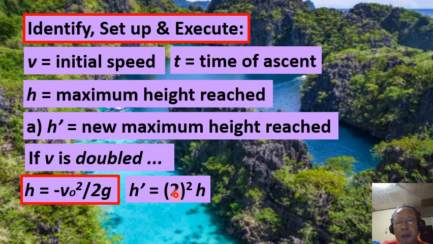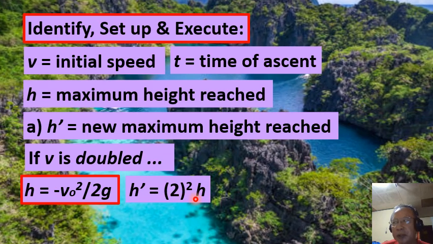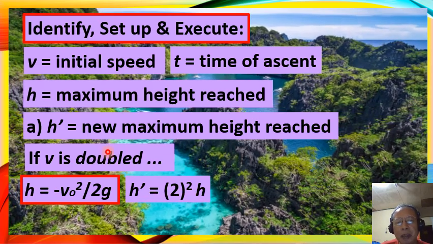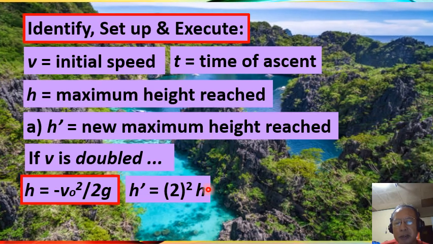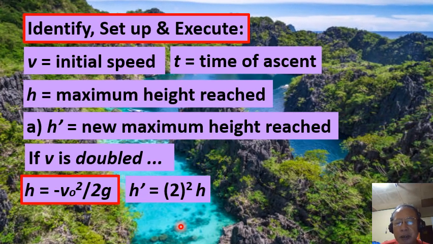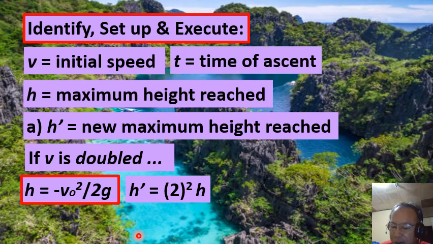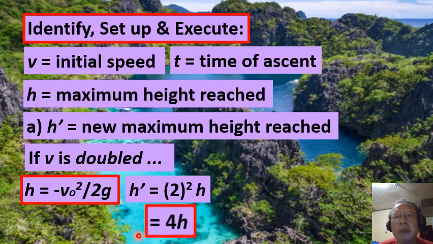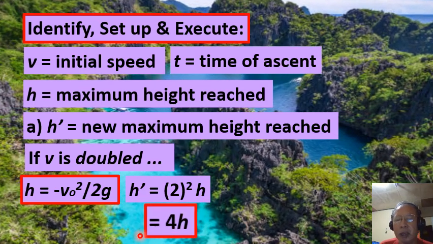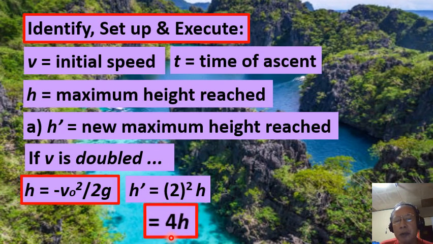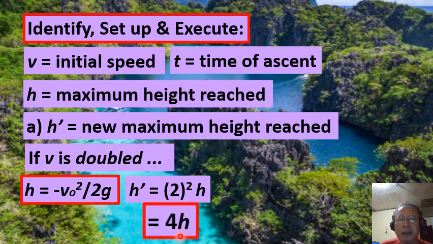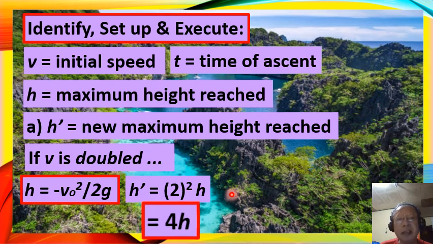And we can express our final answer for the new maximum height reached just in terms of the original height h. That is, h prime can just be expressed as 4 times the original height h. So that's our final answer to question letter A.